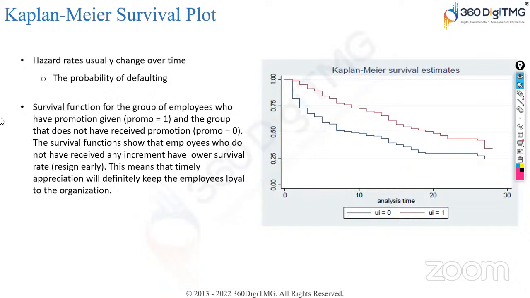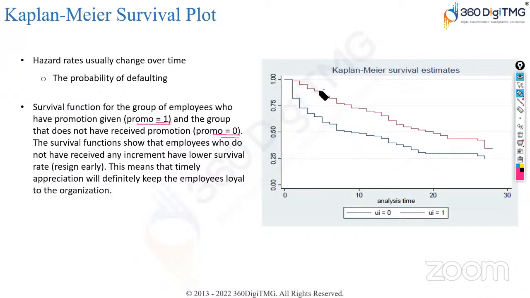And we're also looking at whether an increment is motivating an employee to stay back or resign quicker. So we have two segments, people who did get an increment, people who did not get an increment. Promo is nothing but promotion. So increment and no increment.